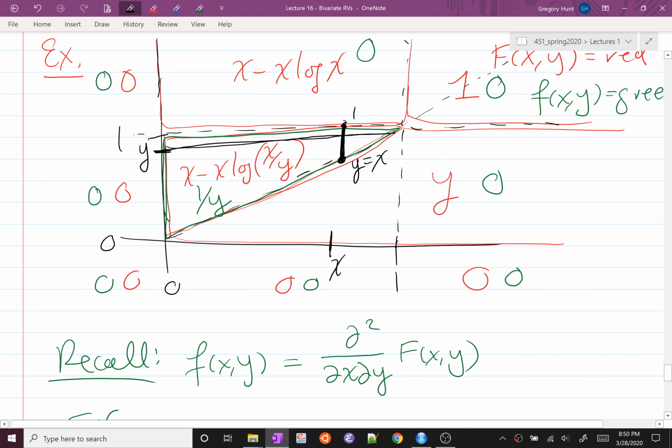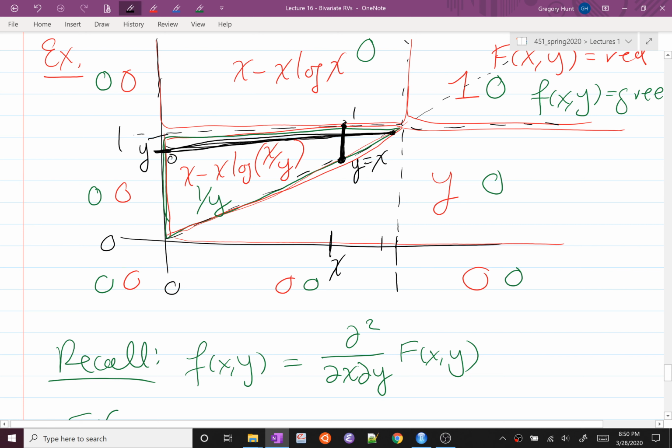And so this line goes from, if that's my value of y, the boundary starts over here at 0 and ends up over here at x.